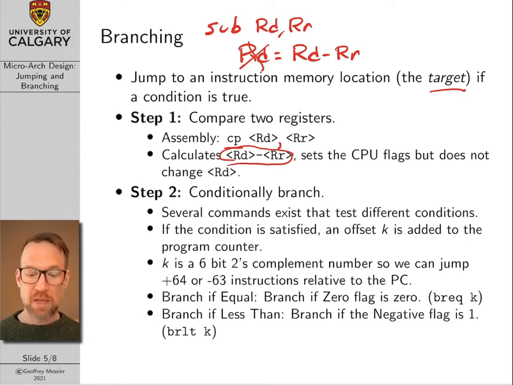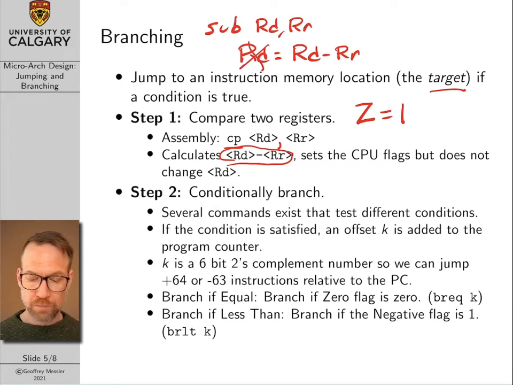That's important because, in particular, if we're testing for equality, we want to take a look at the 0 or the Z flag. So if we're testing for equality and we take the difference, RD minus RR, Z will be equal to 1 if the two values are equal. Otherwise, the Z flag will be equal to 0.